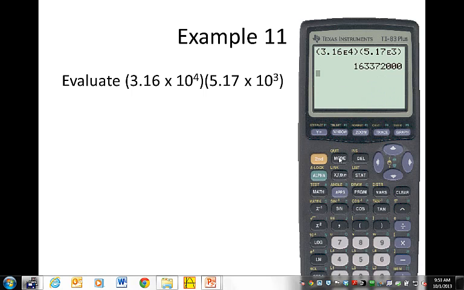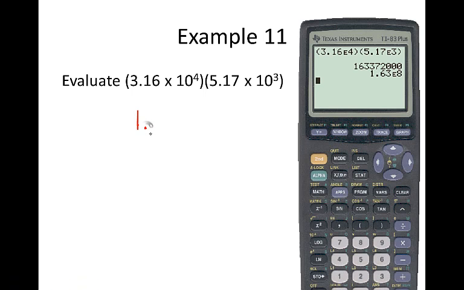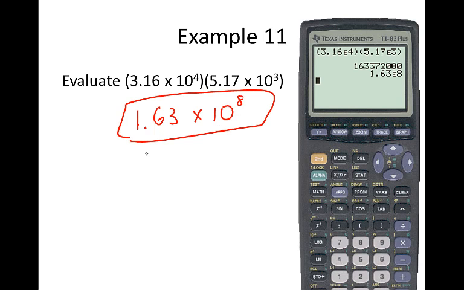And then just press enter again, and it's 1.63 times 10 to the 8th. Do not write 1.63 E8. I'll count it wrong. This is really more of a calculator lingo, so don't write that. Rewrite it as this in scientific notation.